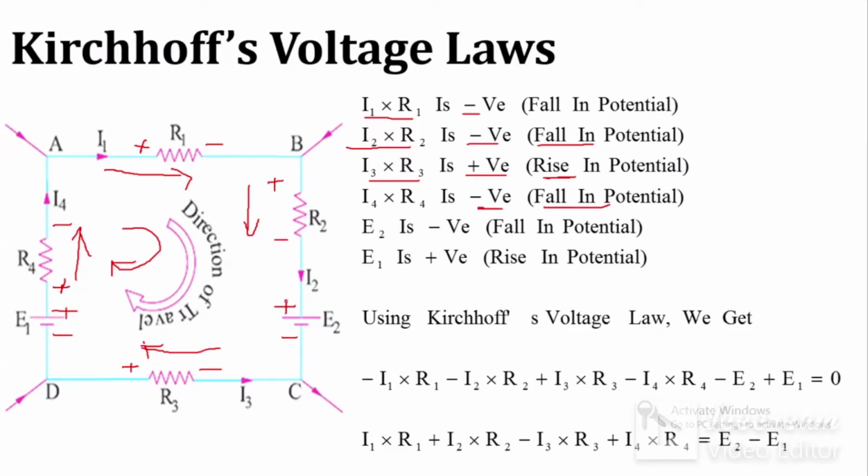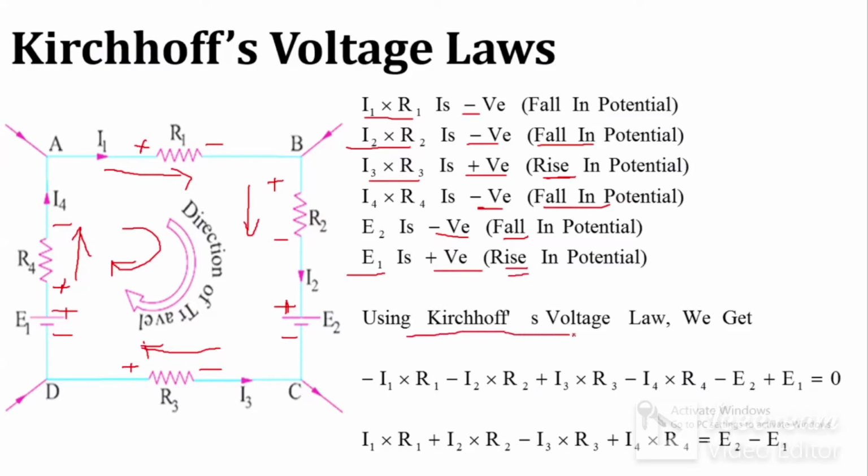Now this reference current flows from plus to minus in E2, so again it is a fall in potential and taken as negative. But in E1 the reference current will flow from minus to plus, so E1 is positive and it is known as a rise in potential.